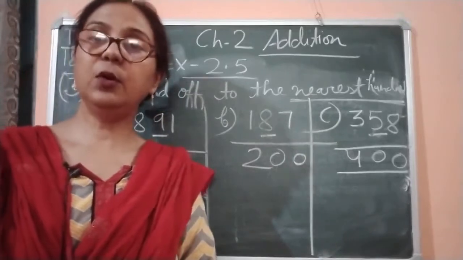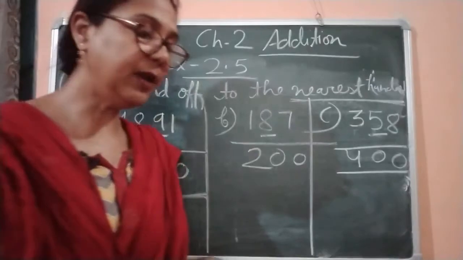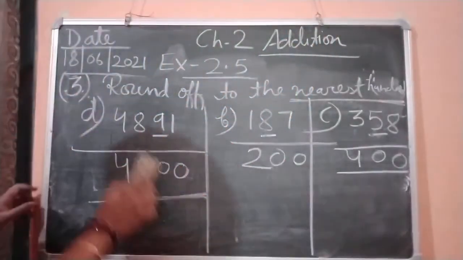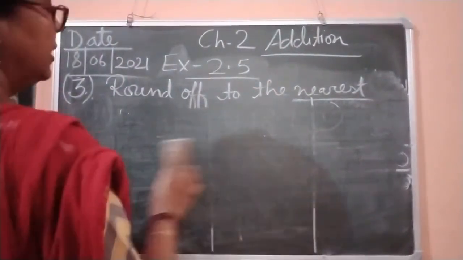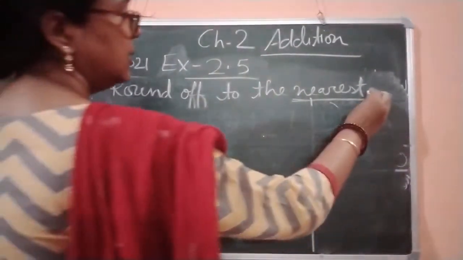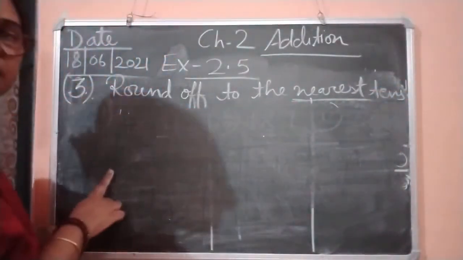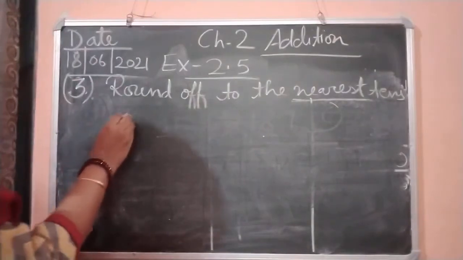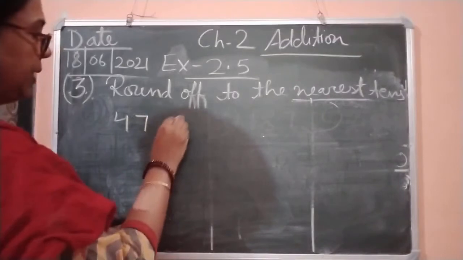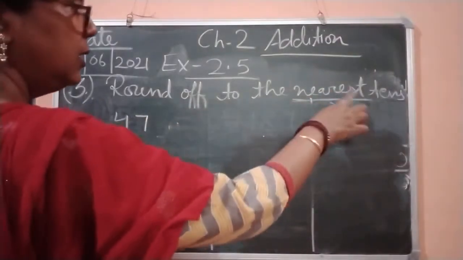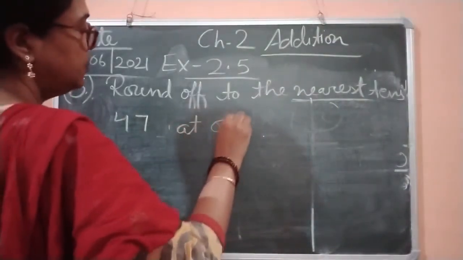So children, before concluding the class, I would like to remind you what we have studied today. We have studied rounding off to the nearest tens. To round off to the nearest tens, suppose it is written 47, first we will see the ones place. What is at the ones place?